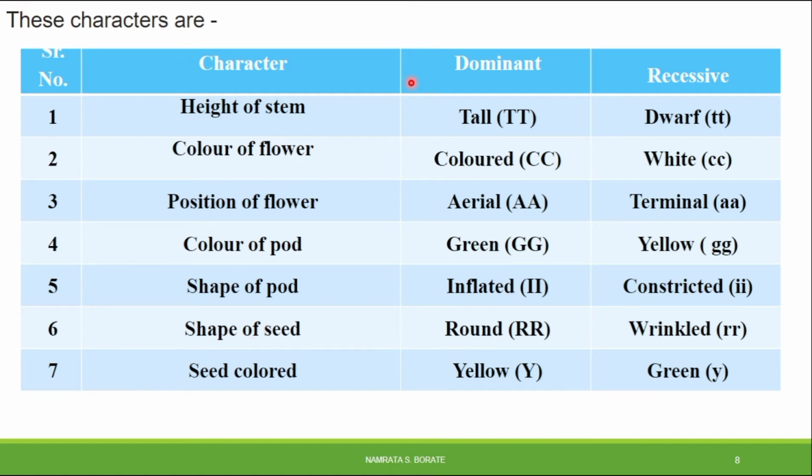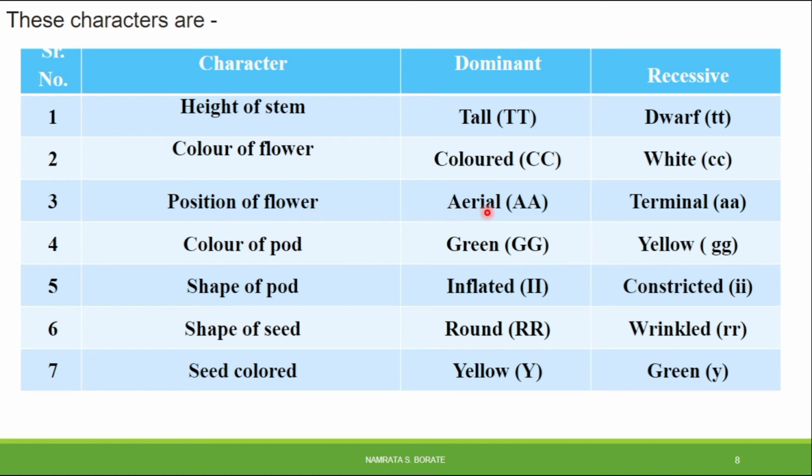So what are dominant and recessive? What is the genotype of all these 7 pairs of contrasting characteristics? Considering the height of the stem, it may be tall or dwarf. So what's the genotype? It's capital T, small t. Color of the flower, colored flower is capital C and the white flower is small c.